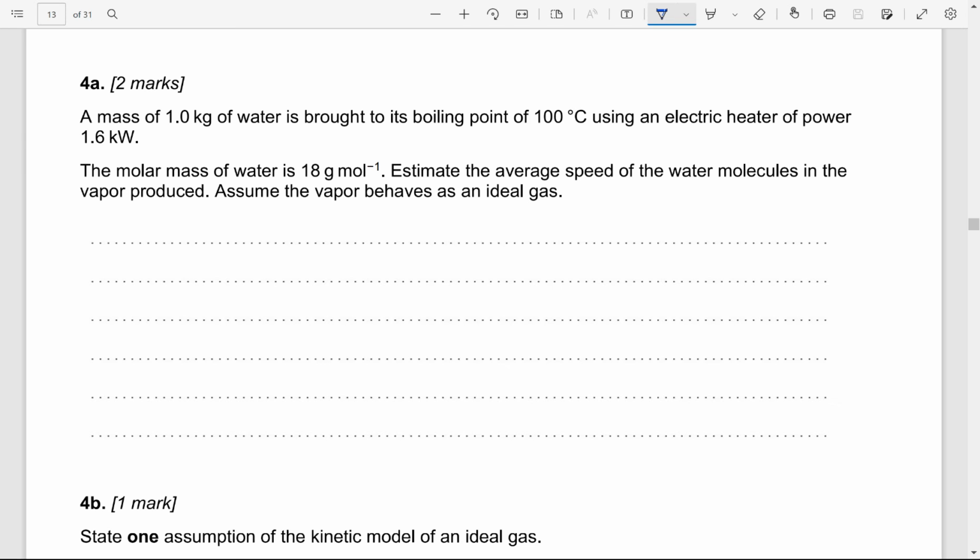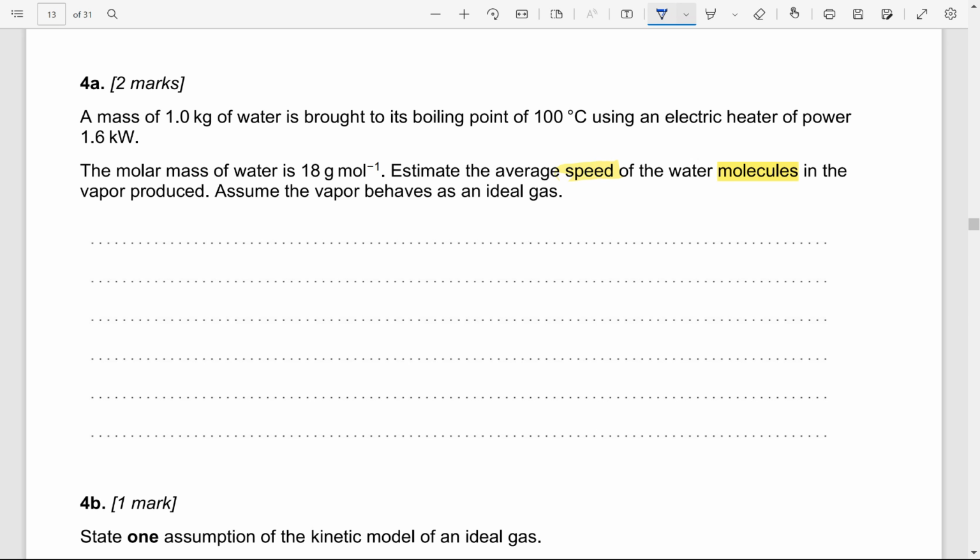For 4A, they're asking us to find the average speed of water molecules in a vapor that is produced when it boils. So the first thing to spot is that we're looking for the average speed of water molecules.